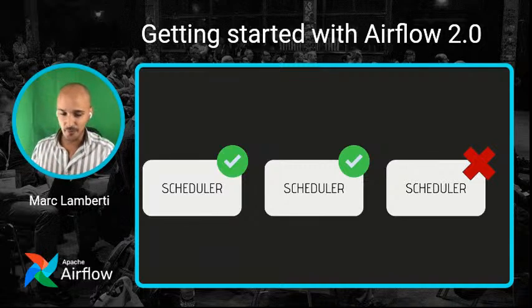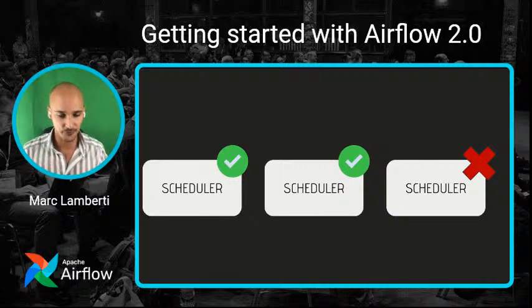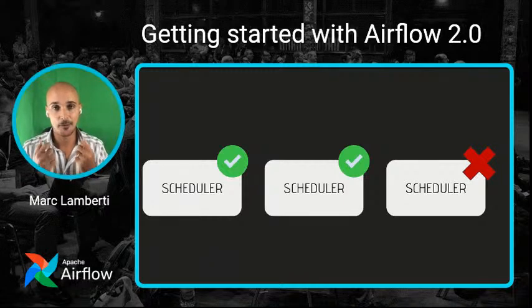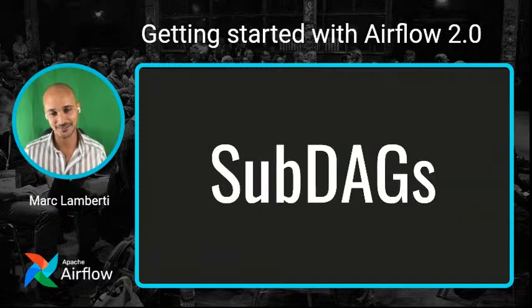Okay, so all the improvements we've discovered so far are related to Airflow itself, the structure of Airflow. But what about DAGs? What are the new features that make our DAGs better? I think there is one feature that probably everybody has ever used in Airflow, which is the sub-DAGs.